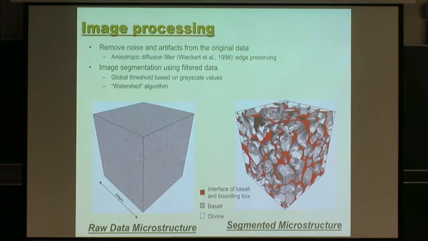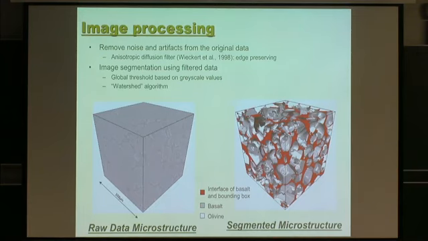The first thing is to remove noise and artifacts from the original data. And one of the things we find is that the anisotropic diffusion filter is really important because, unlike the usual Gaussian filtering, it preserves the edge the best. And because the contrast between the olivine and the melt is small, we rely on the edge to tell the two phases apart.